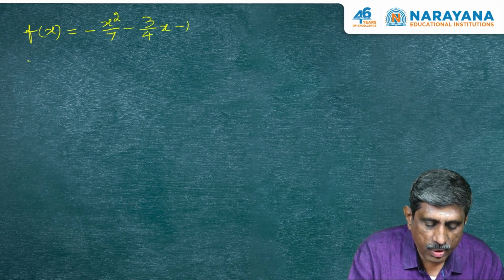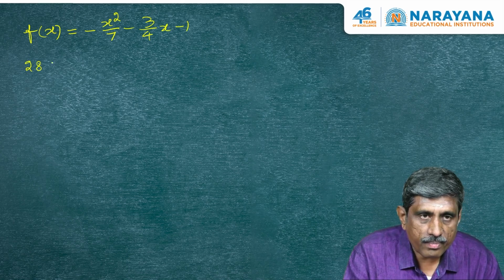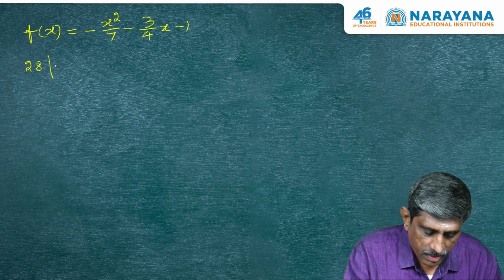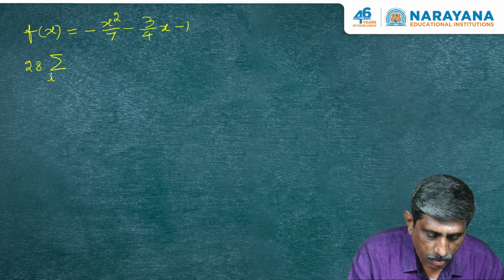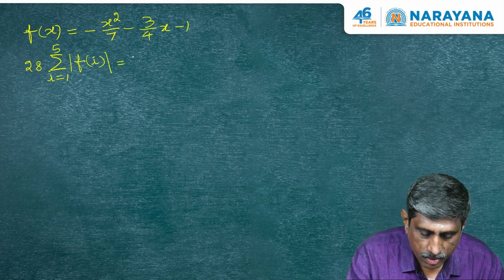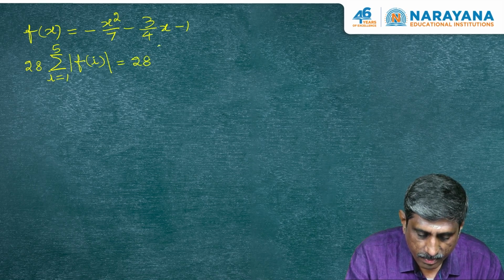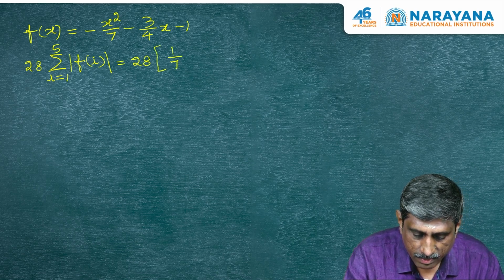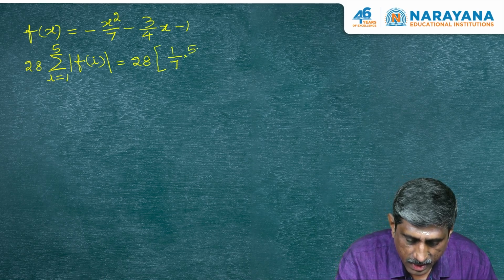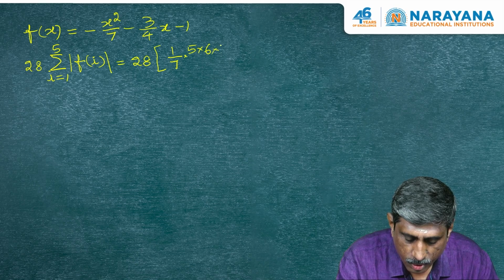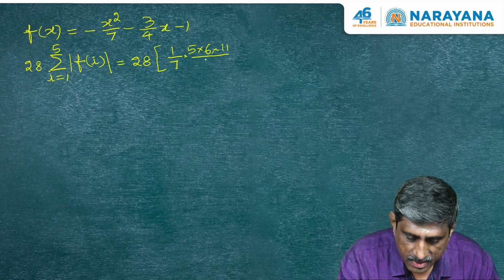We are asked to find the value of 28 times sigma i is equal to 1 to 5 modulus of f of i. So, which is equal to 28 times, this is 1 by 7 into sigma n square, formula we can apply, which is n into n plus 1 into 2n plus 1 divided by 6.